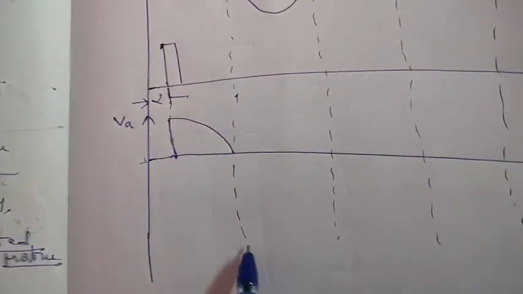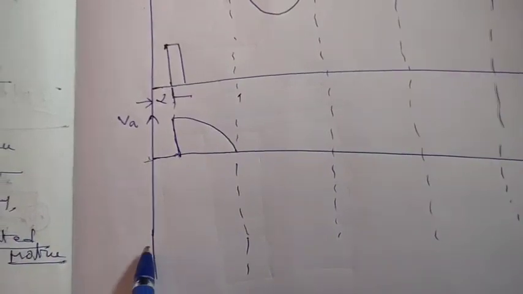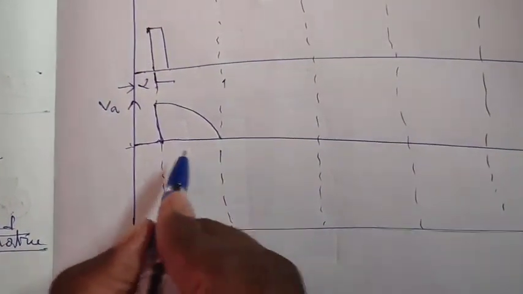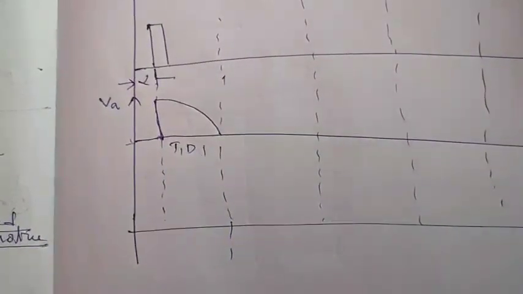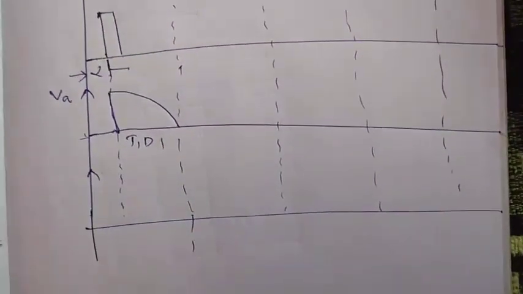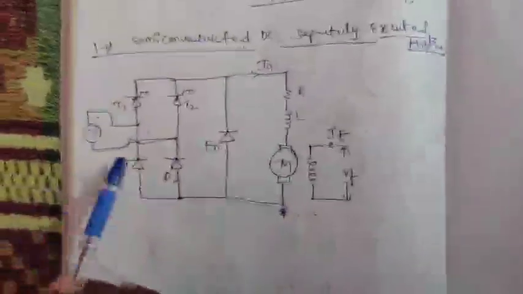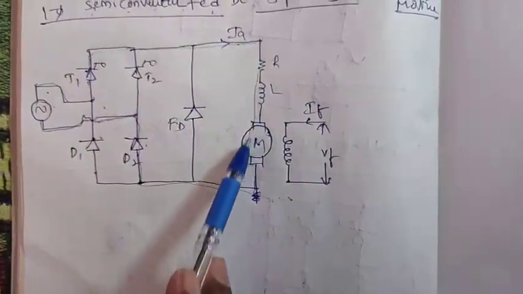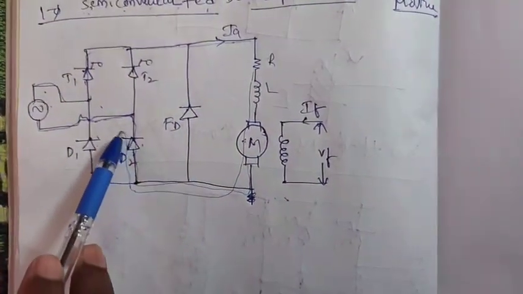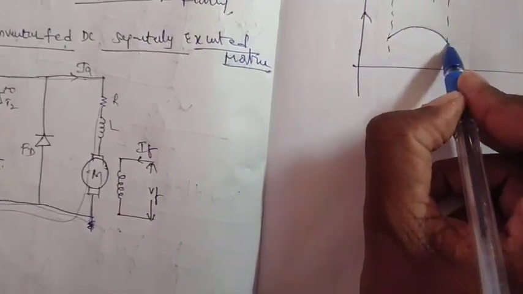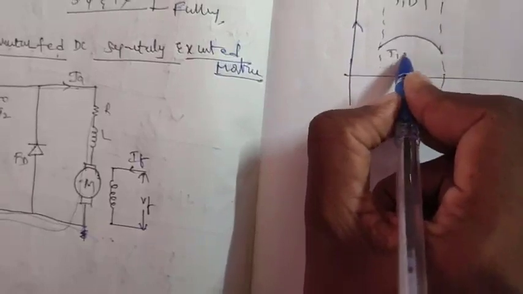Next, for current operation, T1 and D2 are conducting. The current flows in the circuit through T1, the armature and motor, D2 and the negative of the supply.